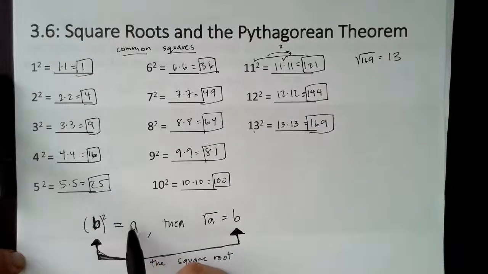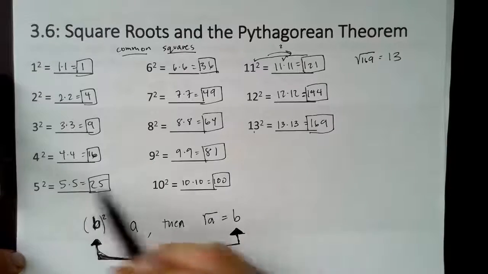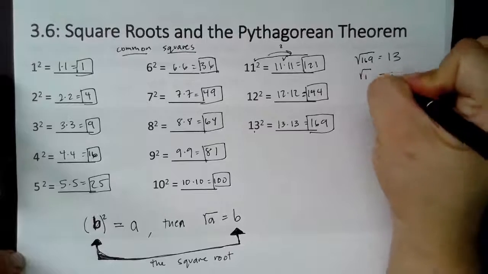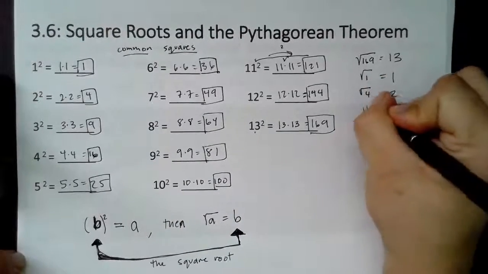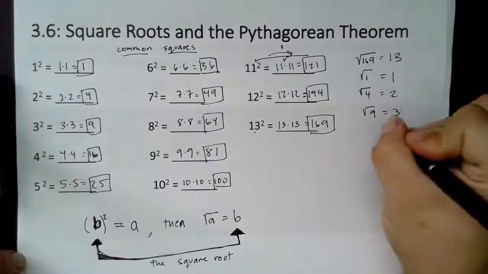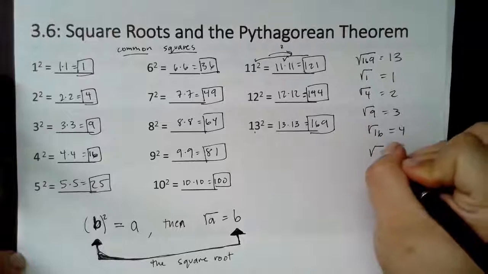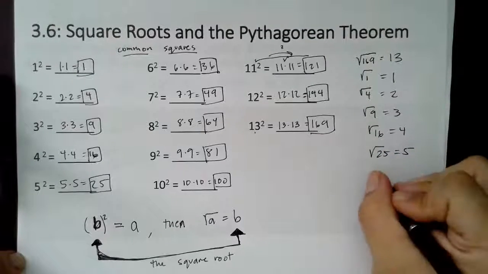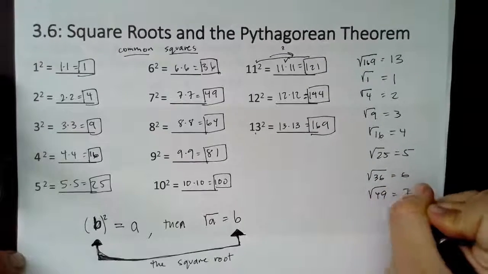If you have a square and take the square root of both sides, you get back to where you started. Square root of 1 is 1, square root of 4 is 2, square root of 9 is 3, square root of 16 is 4, square root of 25 is 5, square root of 36 is 6, square root of 49 is 7, and so on.